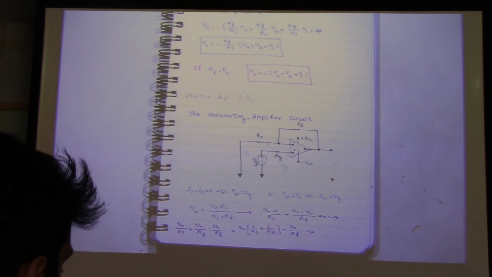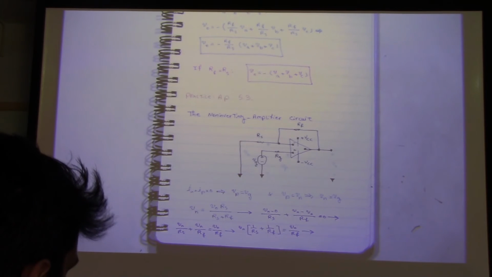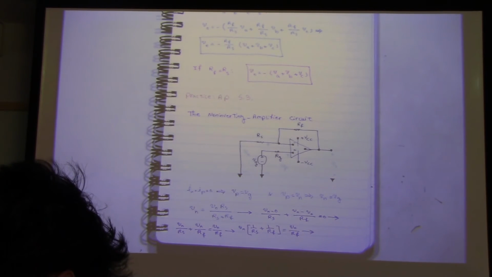So whenever you see something like this, it's a non-inverting amplifier. Again, the virtual short: IN is equal to IP, equal to 0.